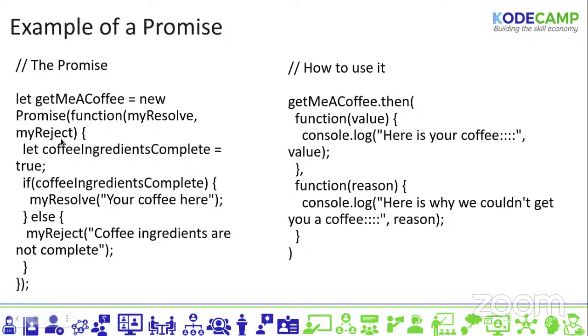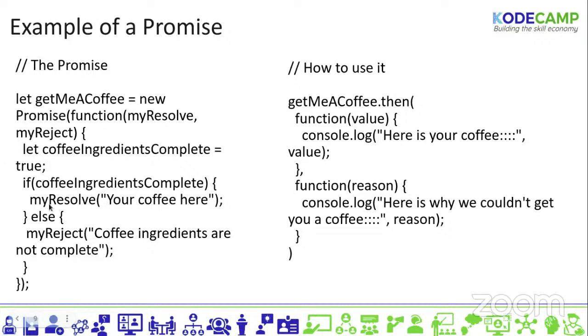You can create a promise, and it's not a must that you use if statements here. You can run some logic, and maybe you check if that logic is true. Okay, we use myResolve. I hope you guys get the point.